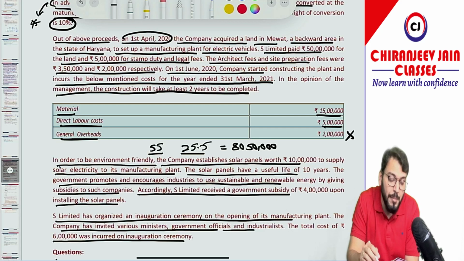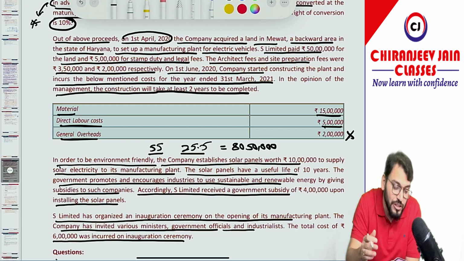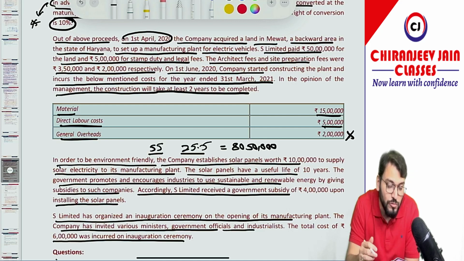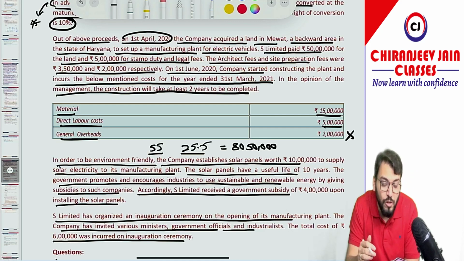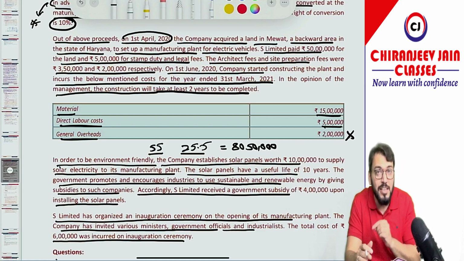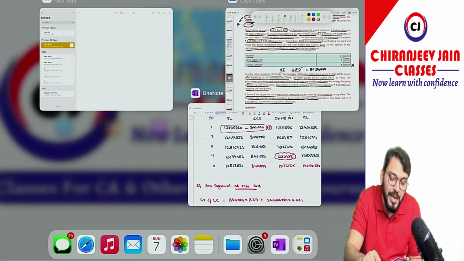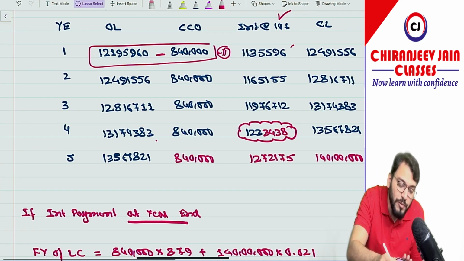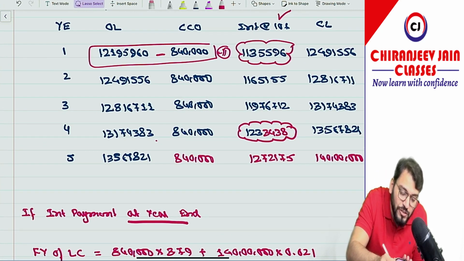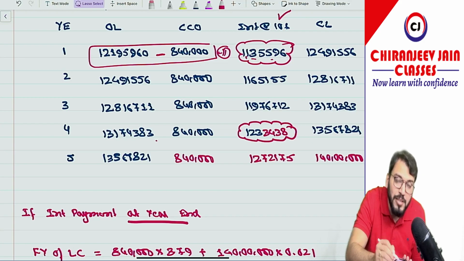So how much interest will be capitalized? Because the loan was taken on 1st April 2020 and the construction also started on 1st April 2020 and till now the construction has not been completed, for the entire year the interest will be capitalized. For the first year, this amount will be capitalized, which is nothing but 11,35,596.